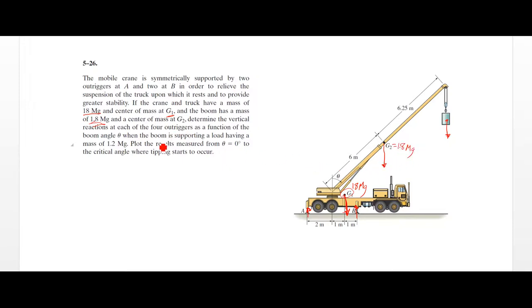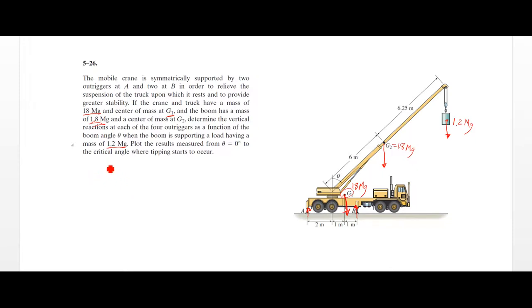And then finally our load is 1.2 megagrams. That M looks a little bit like a mu. Excuse me about that. Let me see if I can fix that. There we go.